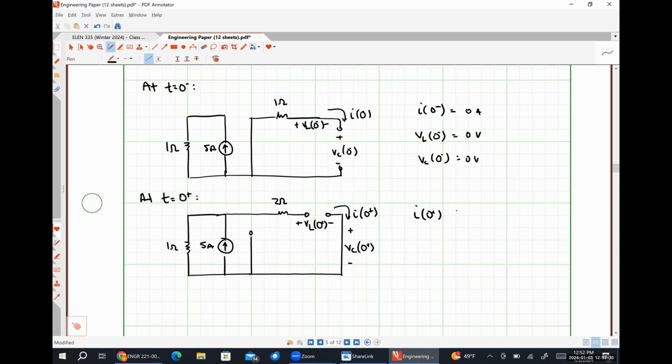I at 0 plus must equal I at 0 minus, which was 0 amps. VC at 0 plus must equal VC at 0 minus, which was 0 volts. VL may have changed.